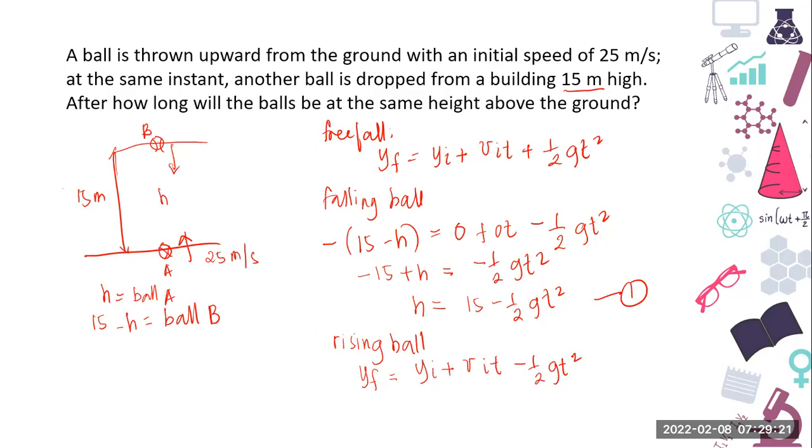And we can just plug in the values. That's h equals, also this one is 0 as its frame of reference, but it has an initial velocity or initial speed of 25t minus 1/2 gt squared.